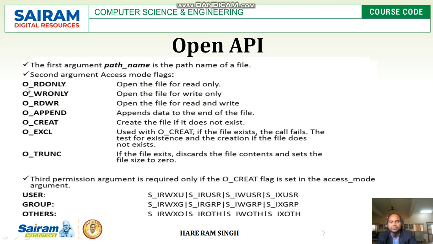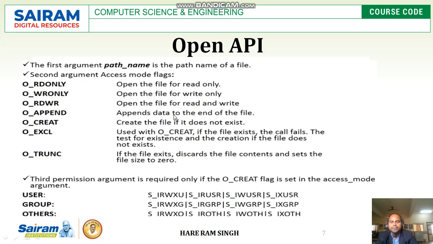For example, if the second argument is O_RDONLY, the file will be opened only for read purpose. If the value is O_WRONLY, then the file will be opened only for write purpose. If O_RDWR, then it will be opened for read and write purpose.